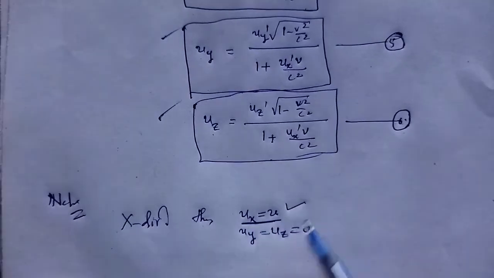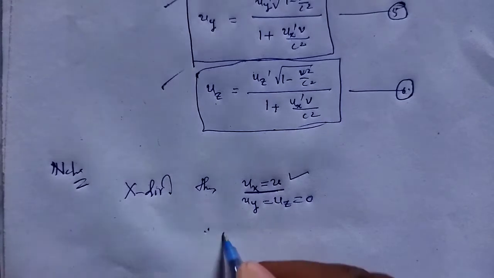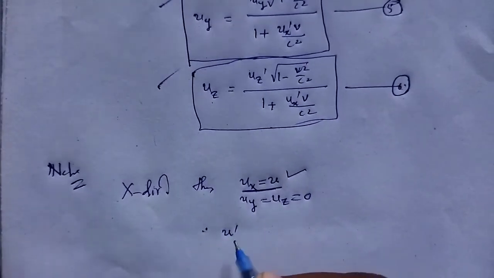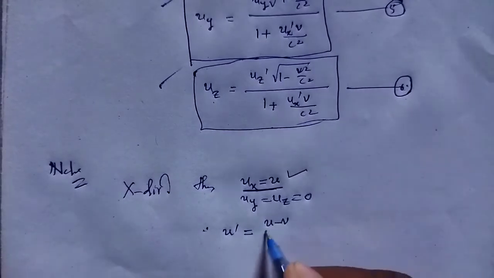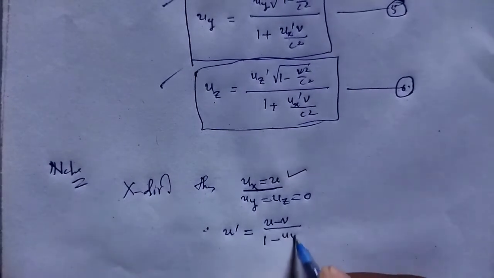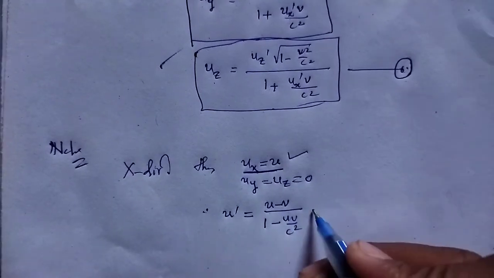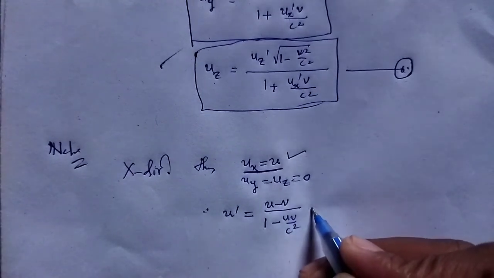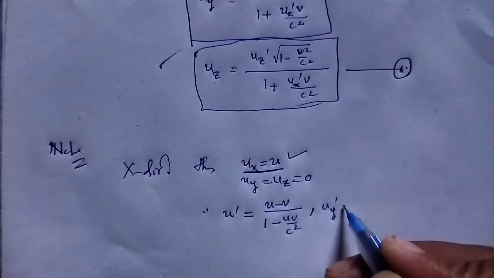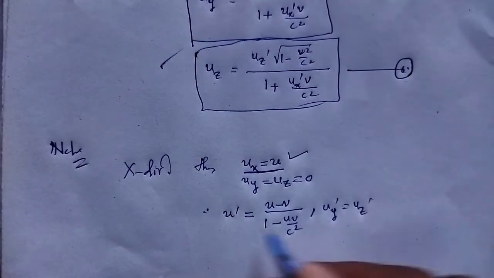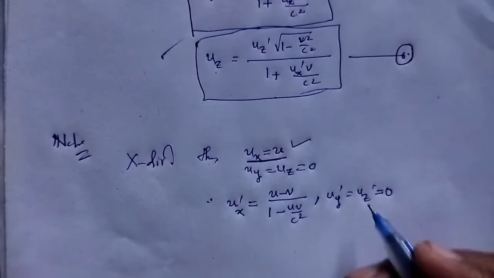Only the x term of velocity will exist. Therefore we can write u dash, that is the transformation, u minus v divided by 1 minus uv divided by c square. Again uy dash and uz dash, that is, ux dash will be 0.